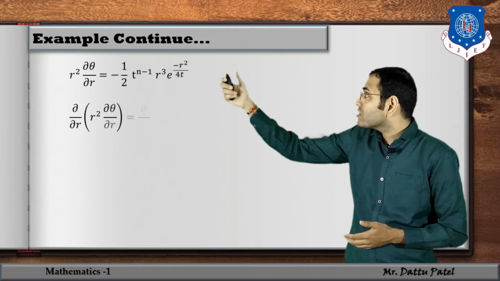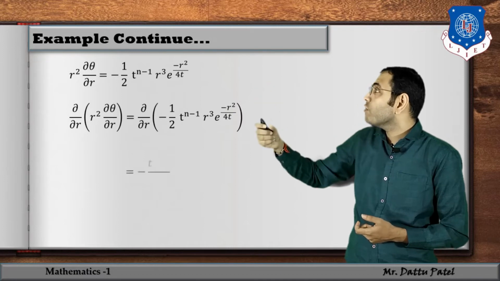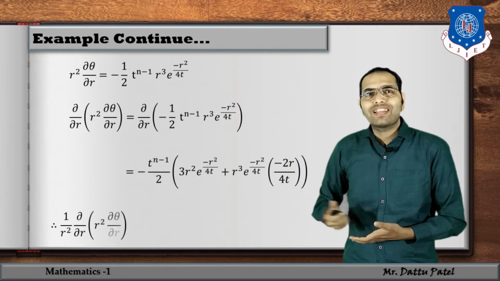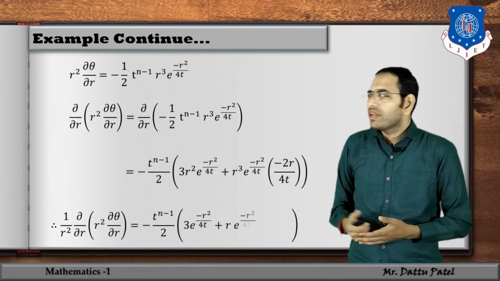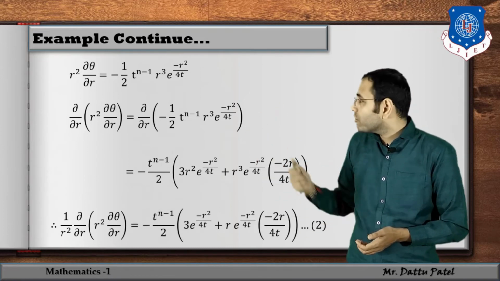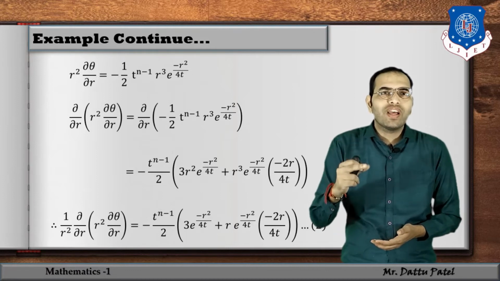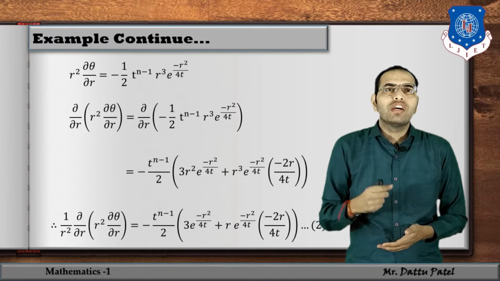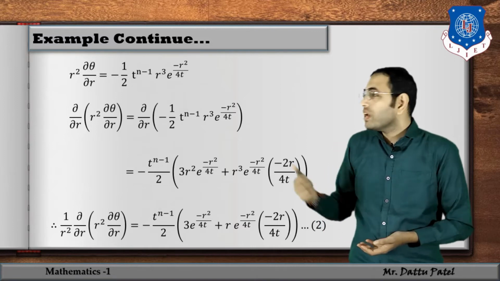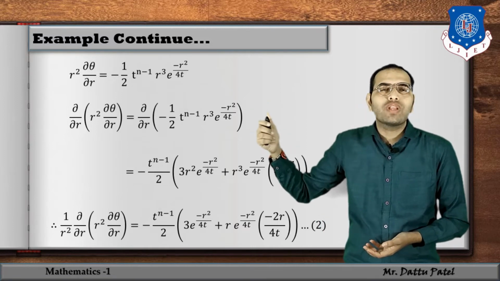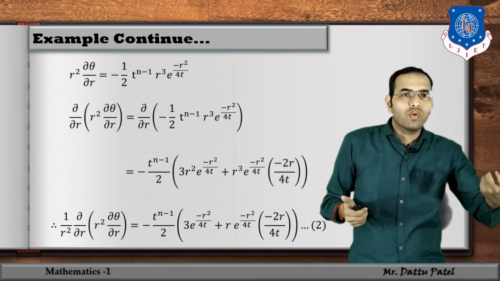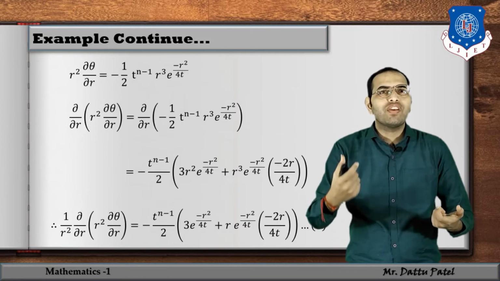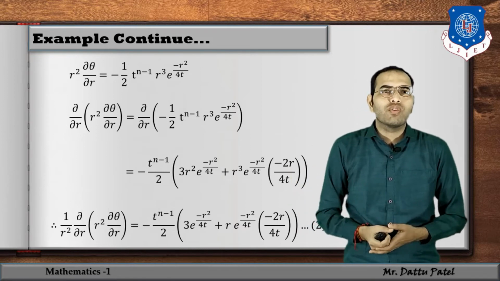Now this term, we also take the derivative with respect to r, so it becomes del by del r of r square into del theta by del r. Substituting this value, it becomes del by del r of minus 1 half t raised to n minus 1 into r cube into e raised to minus r square by 4t. Here minus t raised to n minus 1 by 2 is a constant, so it comes out, and the remaining term needs the product rule, u as it is times derivative of v plus v as it is times derivative of u.